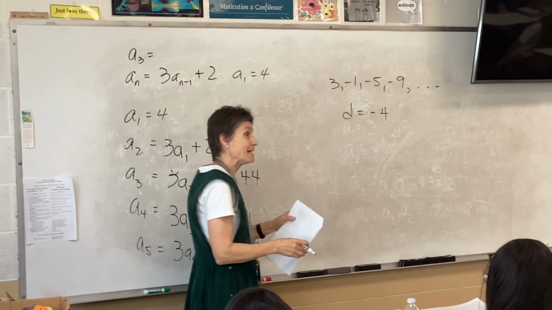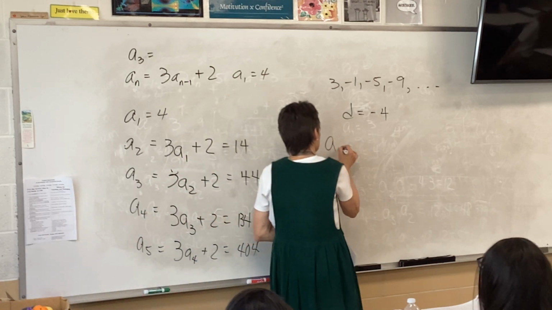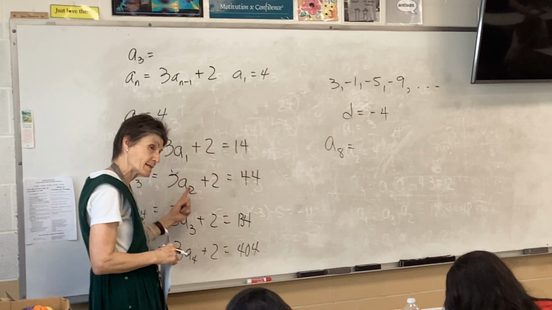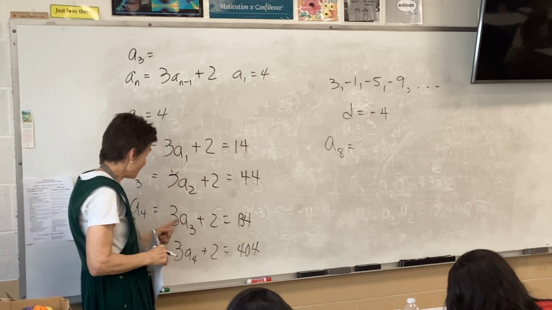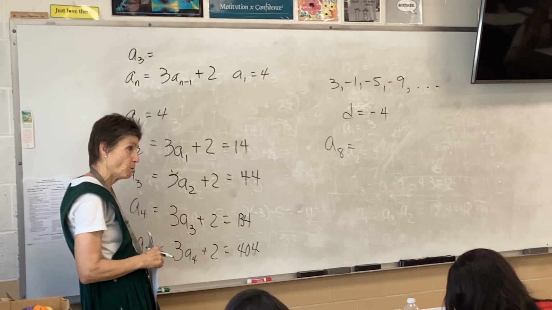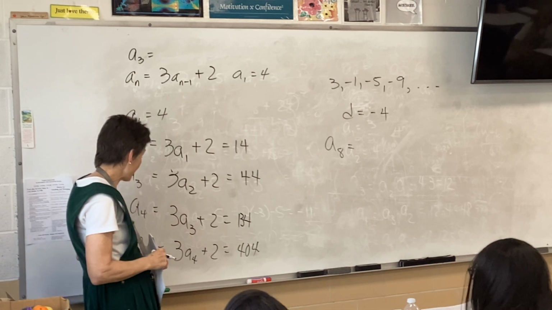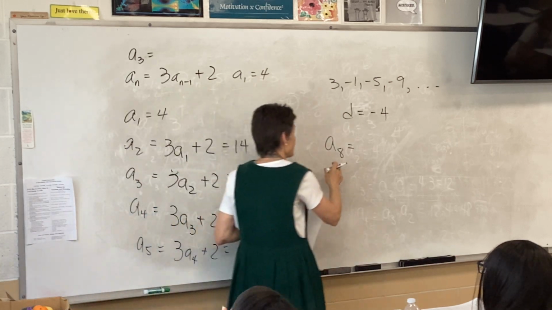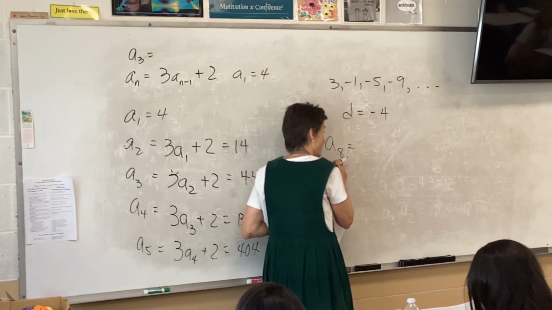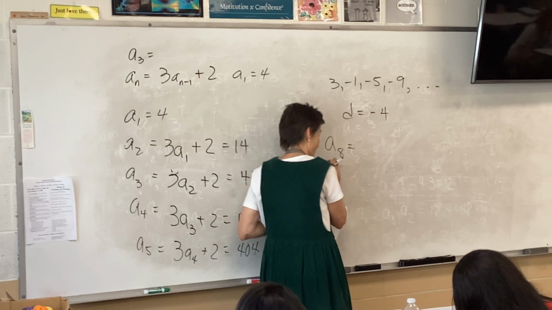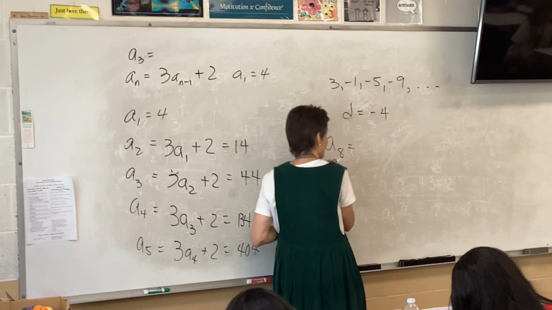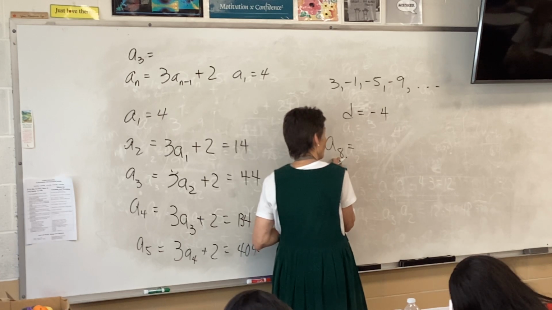I need the 8th term. Now, luckily, I do not have to go through a process like this, because to get the 8th term over here, I would have to just keep going, 6, 7, 8. Here I can jump straight to it, because I have a formula. What is my formula for an arithmetic sequence? The 8th term will be what?